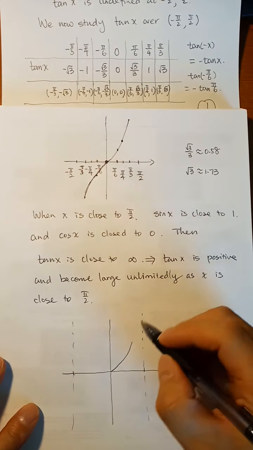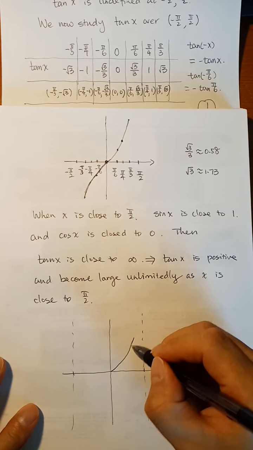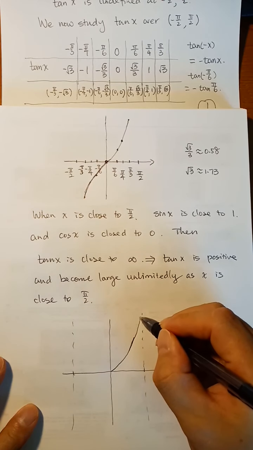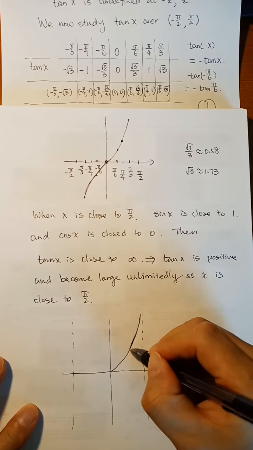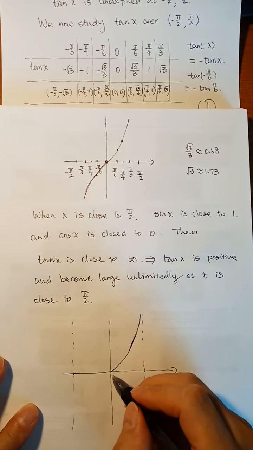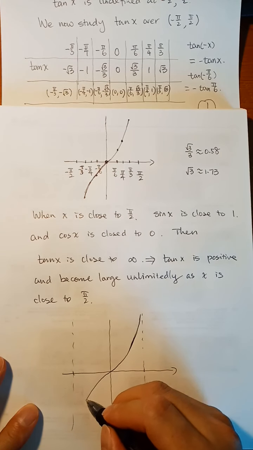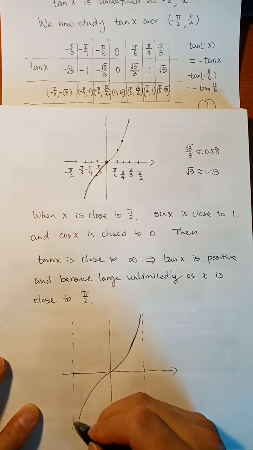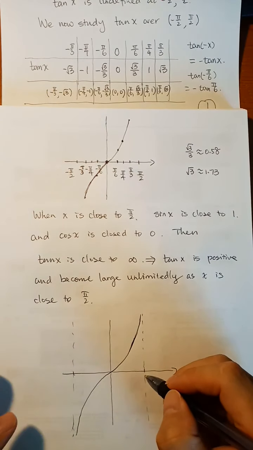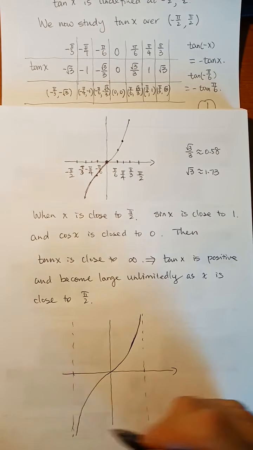And because of this argument, when x approaches pi over 2, this graph will be as high as possible. And it's an odd function. When x approaches negative pi over 2, it will be as negatively large as possible. Okay, when x is very, very close to pi over 2 or negative pi over 2.